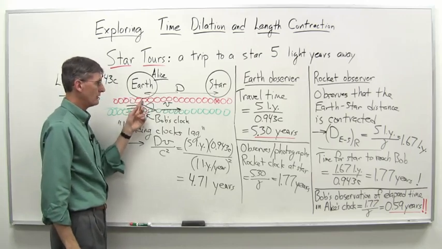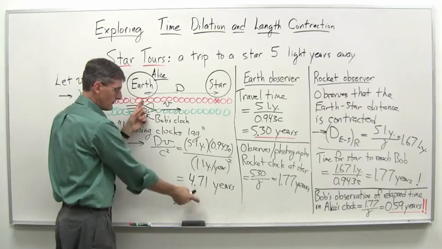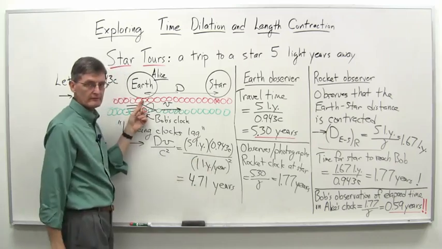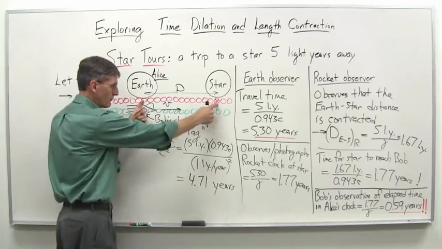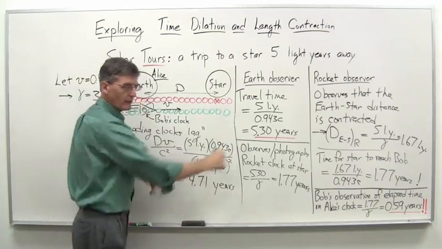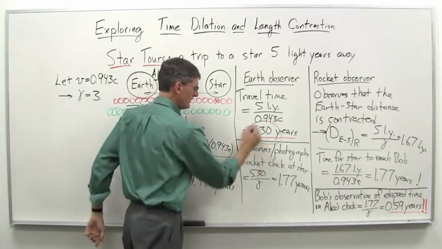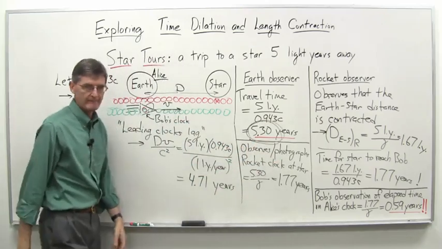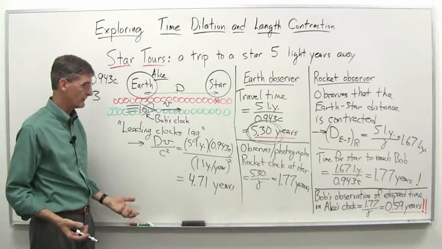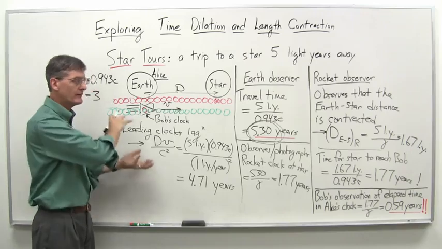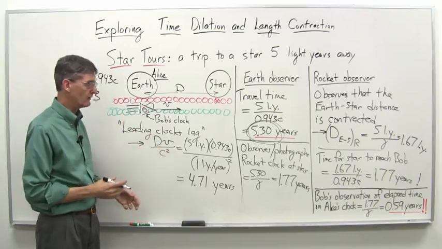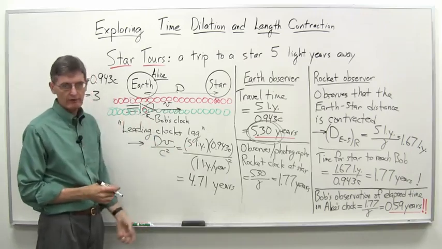And it reaches here, but this clock started 4.71 years ahead. And so 4.71 plus 0.59 years is 5.3. And it all hangs together. It's all consistent, as long as you remember to put everything in terms of the special theory of relativity. We've got time dilation involved in this.